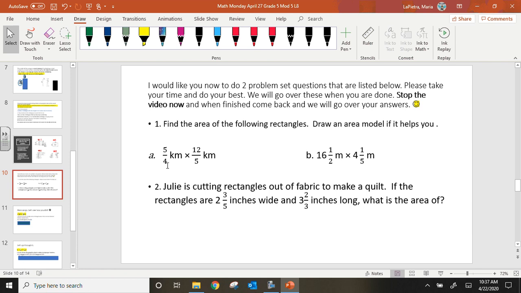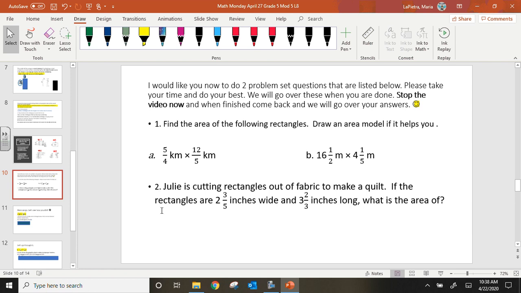So you've got A, 5 over 4 times 12 over 5. These are already improper fractions. And B, these are mixed numbers. Okay, when you're finished, try number 2. Julia's cutting rectangles out of fabric to make a quilt.